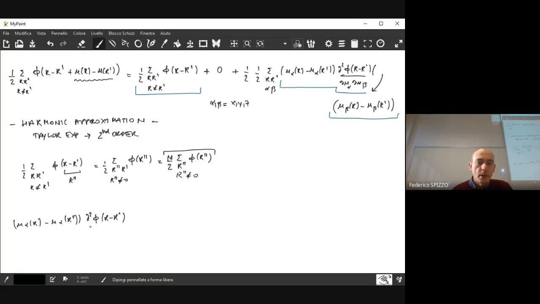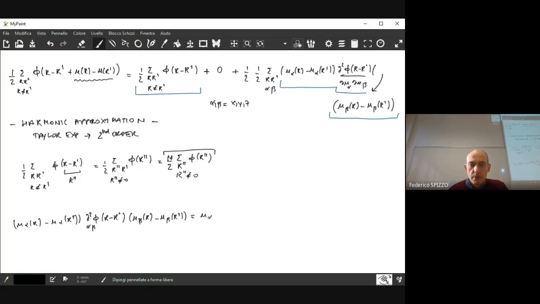Just to write that in a more compact way, if you don't mind, I just write alpha beta here as an index to say that this is the second derivative with respect to coordinate alpha and coordinate beta. And then we have u of beta r minus u of beta r prime. At this point, we may expand the two parentheses.